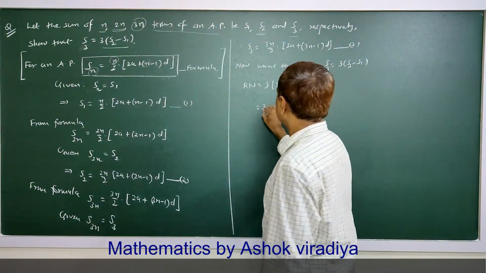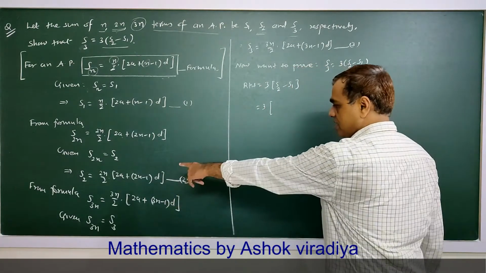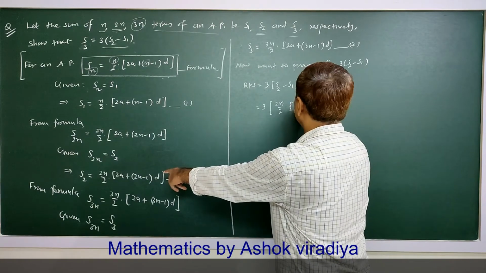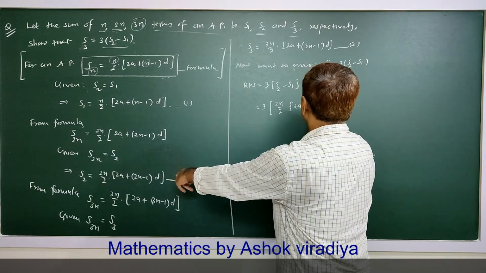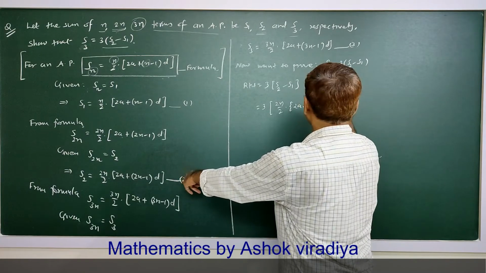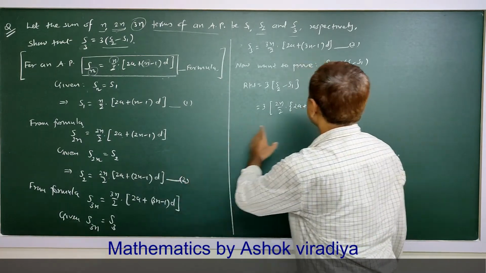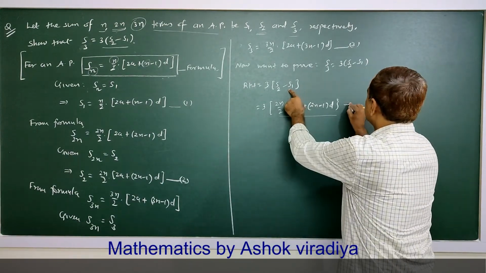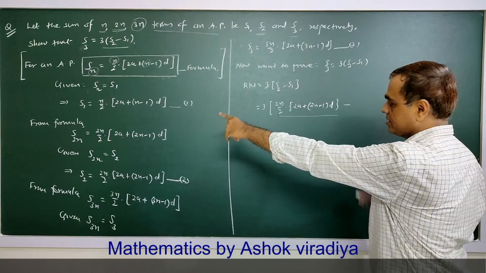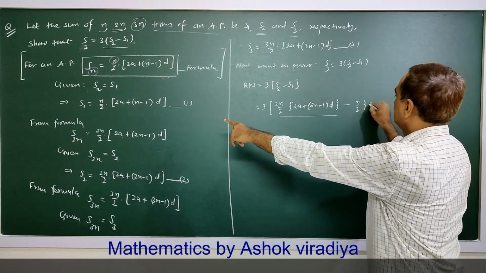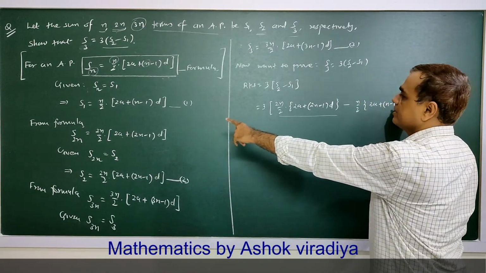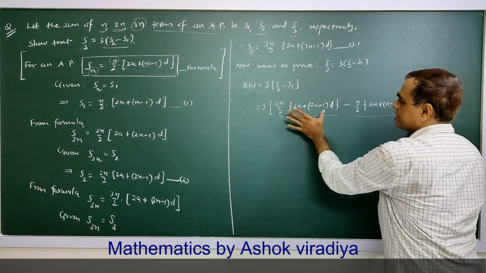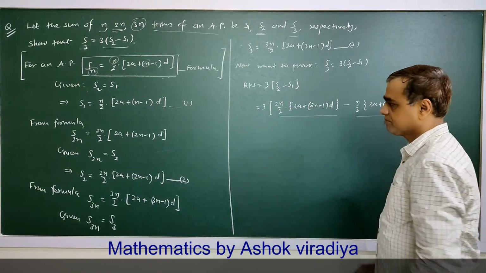So 3 times, now value of S2 is 2n by 2 into 2a plus 2n minus 1 times d. So this is S2. This is S2 minus S1. S1 is n by 2, 2a plus n minus 1 times d. So this is S1. So 3 times S2 minus S1.